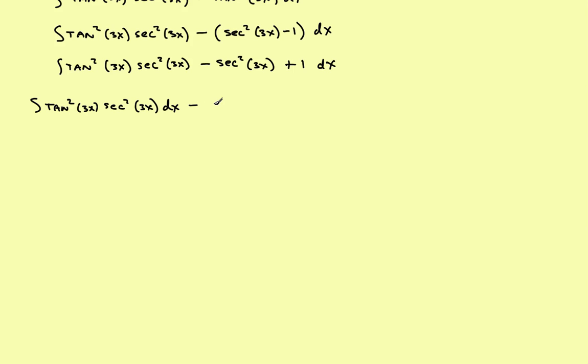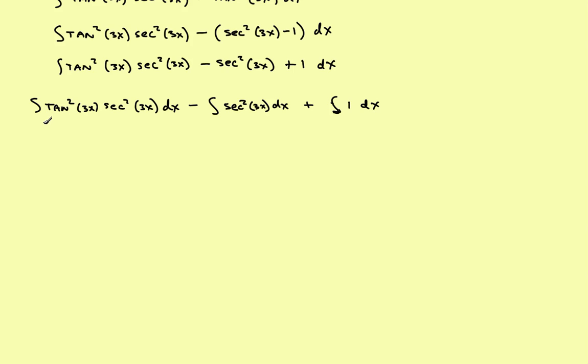And then minus the integral of the secant squared of 3x dx. And then finally plus the integral of 1 dx. So split it up into three separate integrals. Now, why would you want to do that? Because now you can solve each one of those separately, but two of them are going to require u substitution.